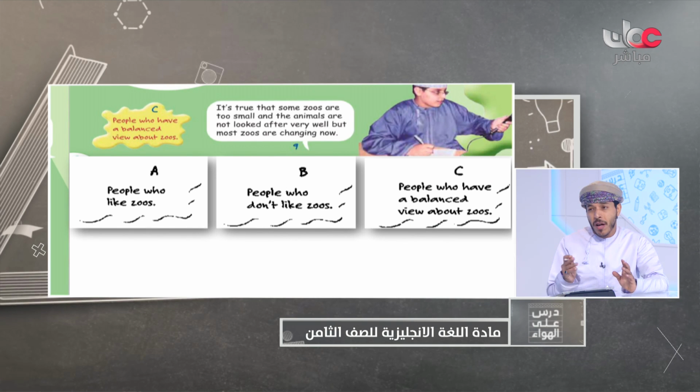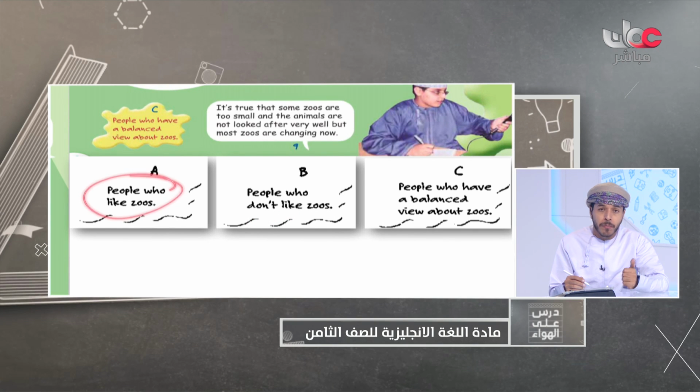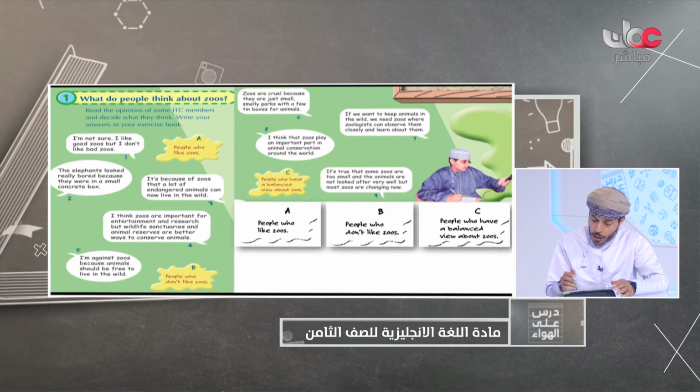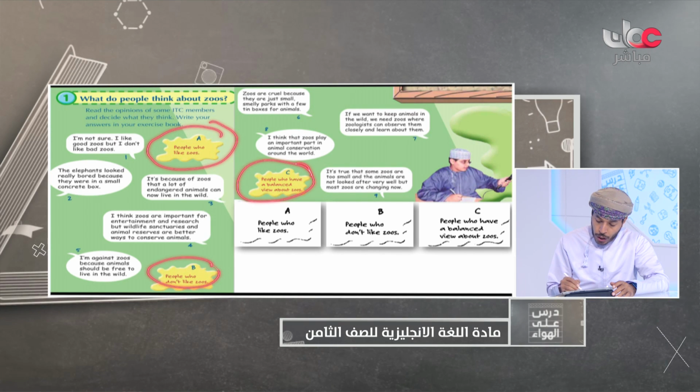Okay, so it doesn't matter to them whether they go or not. So it's okay with them. So it's like 50-50, okay? But these people hate zoos, and for these people, it's totally fine. They like going to zoos. Good.